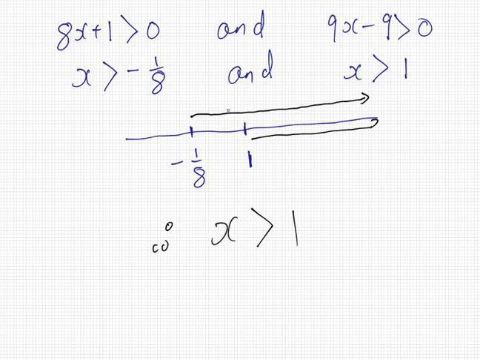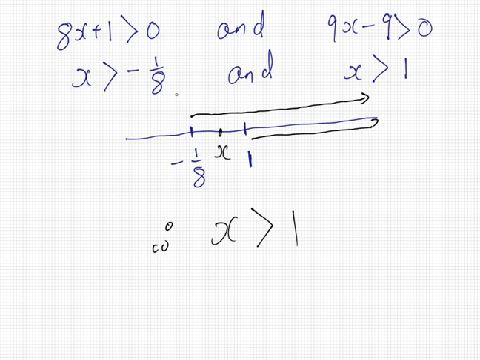And if you can't see why, I hope the number line helps. The first one is bigger than minus 1 over 8. The second one is bigger than 1. The only way to make both true is you just have x is bigger than 1. Then both lines are true. They both overlap. Yeah, you can't use x in that gap.